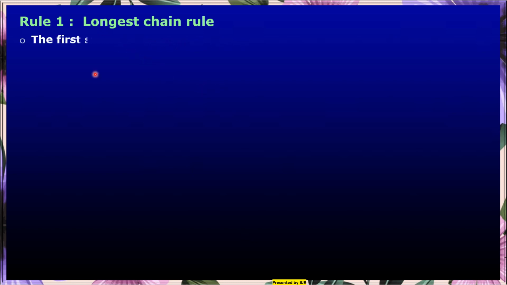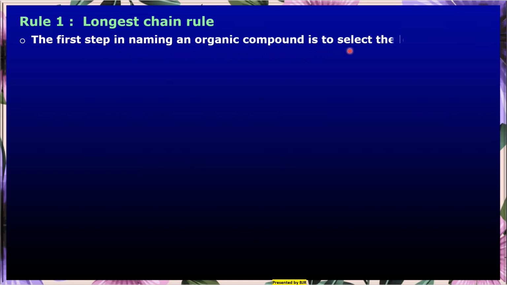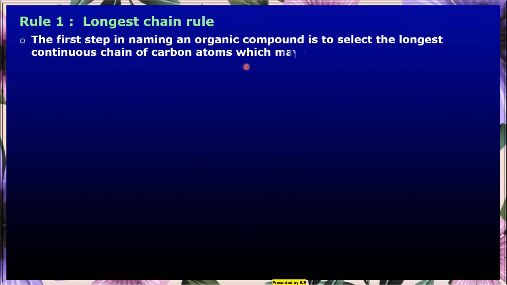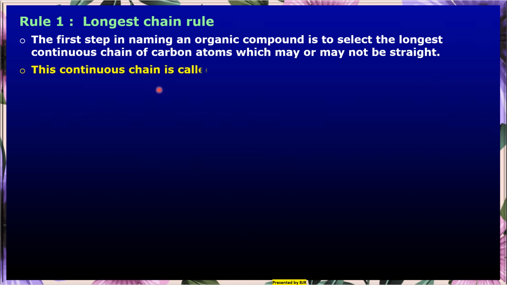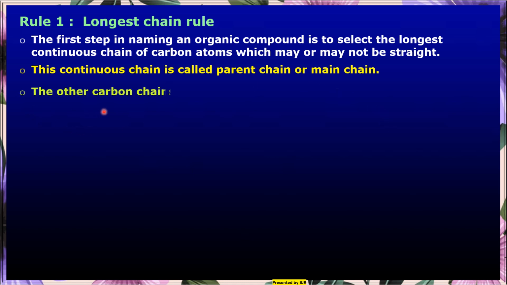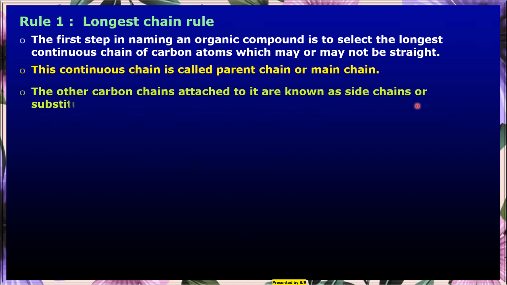See here, the first step in naming an organic compound is to select the longest continuous chain of carbon atoms, which may or may not be straight. This continuous chain is called the parent chain or main chain. The other carbon chains attached to it are known as side chains or substituents.